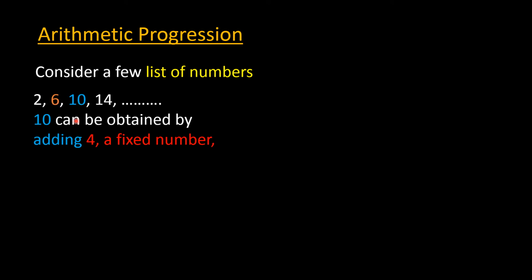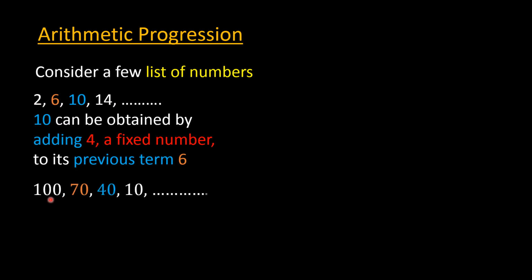So 6 plus 4 will be 10. 14 can be obtained by adding 4 to its previous term 10. So 10 plus 4 will be 14. 6 can be obtained by adding 4 to its previous term 2. So 2 plus 4 will be 6.